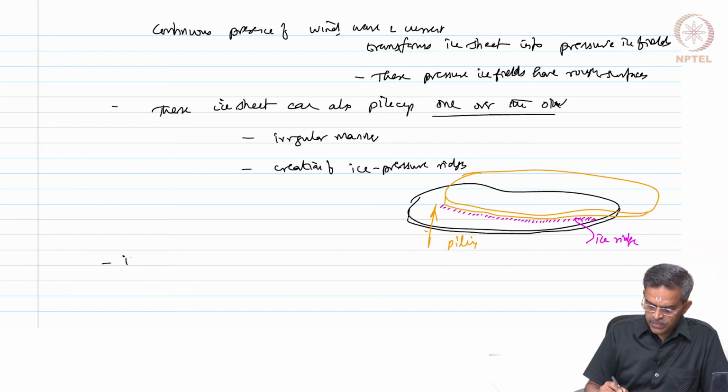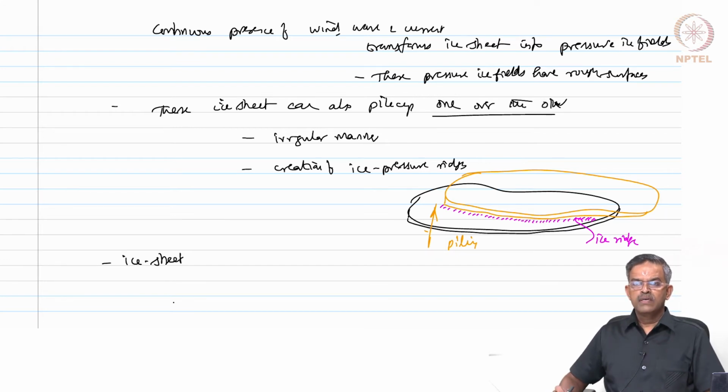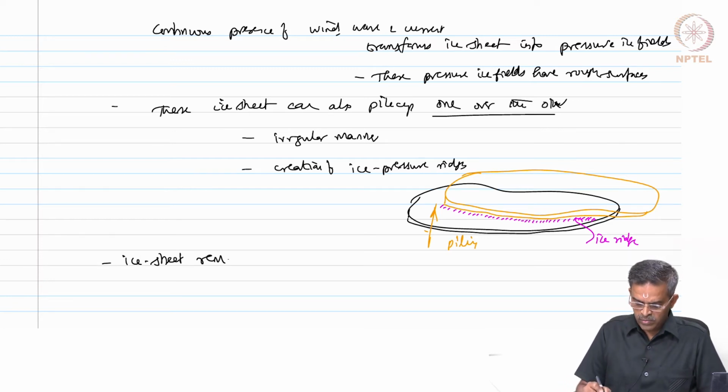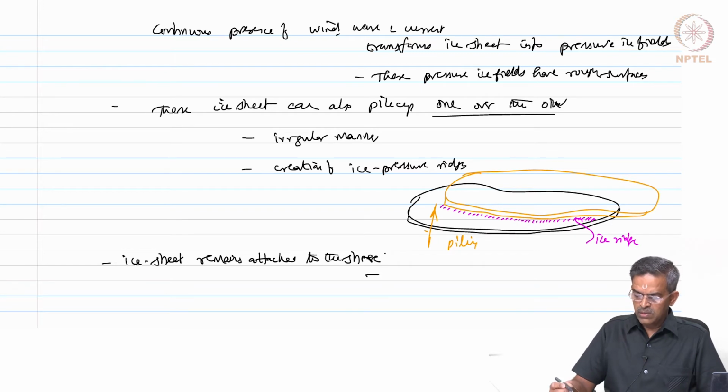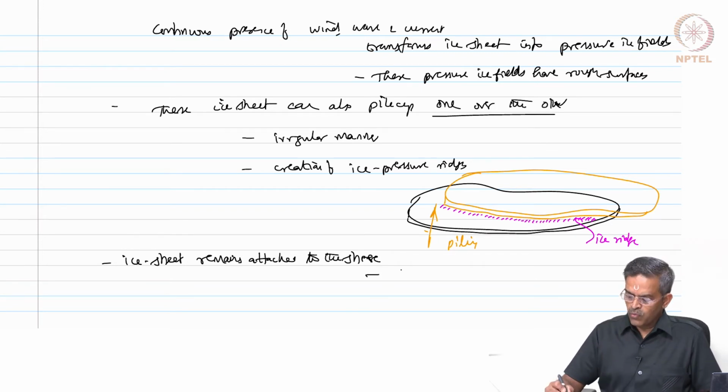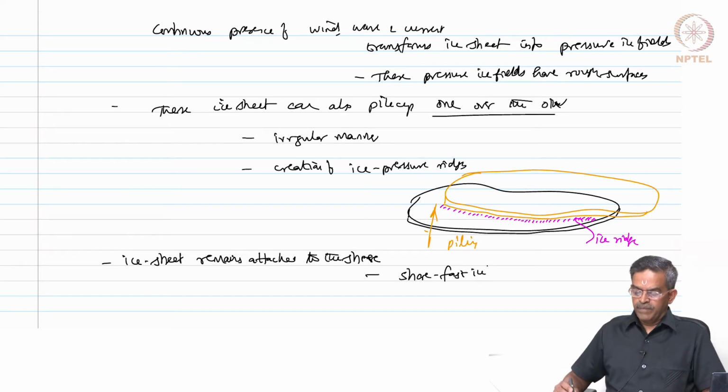Further, friends, an ice sheet remains attached to the shore. Such ice sheets are called shore fast ice. They are usually developed in winter.